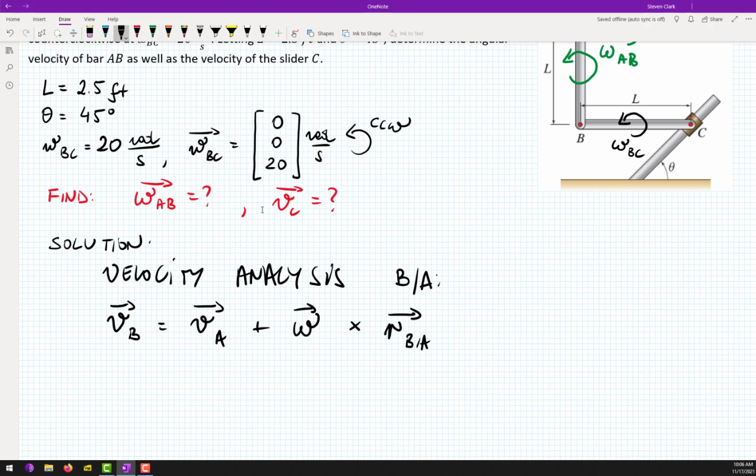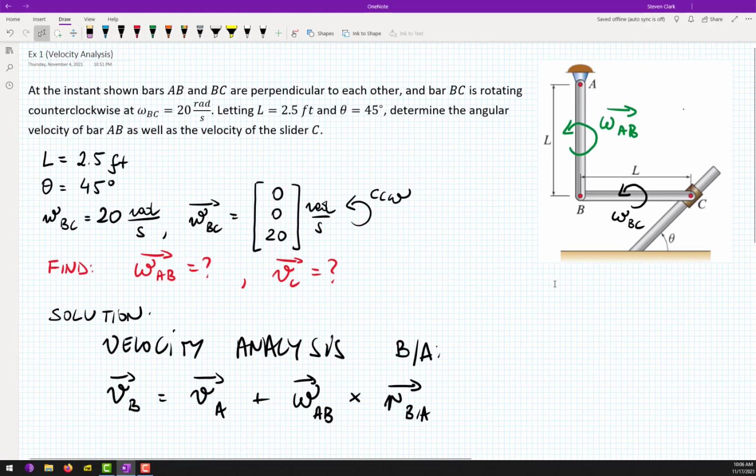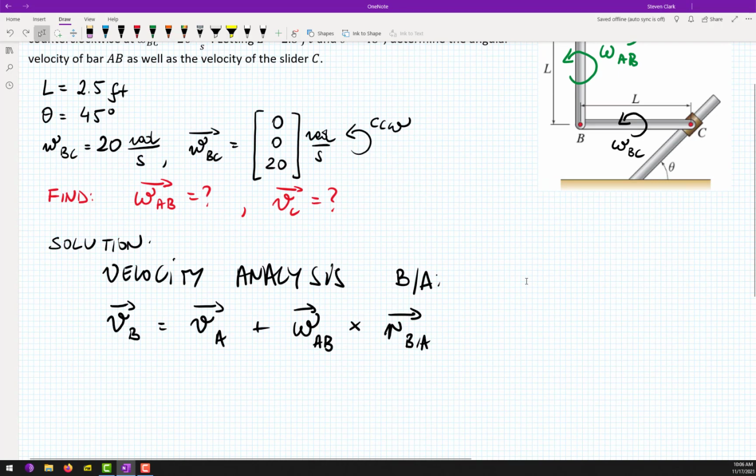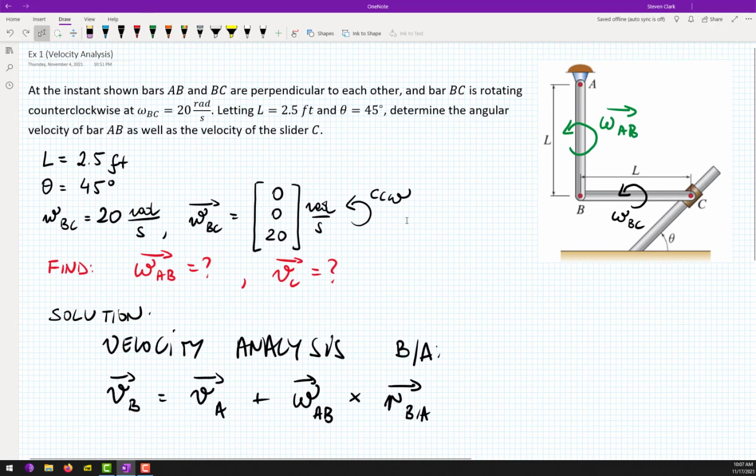I'm not going to ask you which body's omega that is. It must be omega AB, the omega of this body, because A and B belong to bar AB. First of all, VA is clearly 0. This is the 0 vector, because A is fixed. This is what we see in the picture.